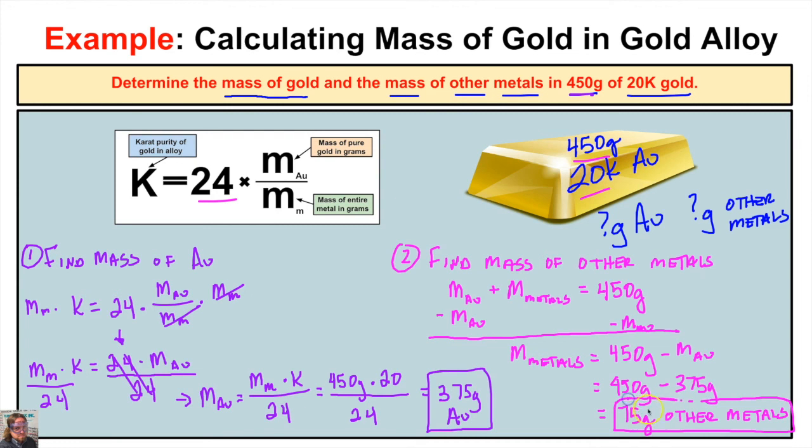So in this problem here, if we have 450 grams of 20 karat gold, 375 grams of it will be gold and 75 grams of it will be other metals.